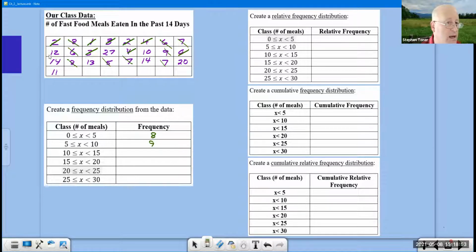So I see a 12, an 11, a 10, and a 14. So that refers to 4 values. 15 through 19. Whoops, I skipped over the 13. Good thing I was paying attention there, because now I need to up that to a 5. Let's try this 15 through 19 again.